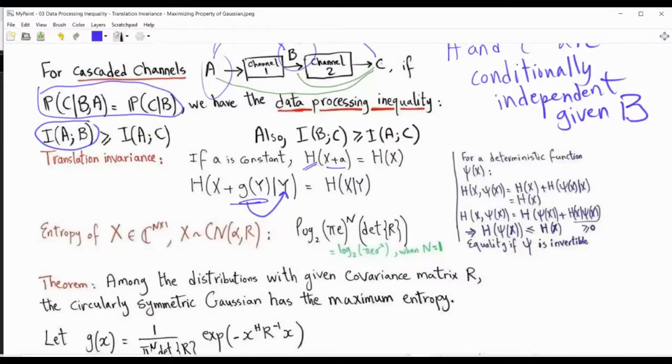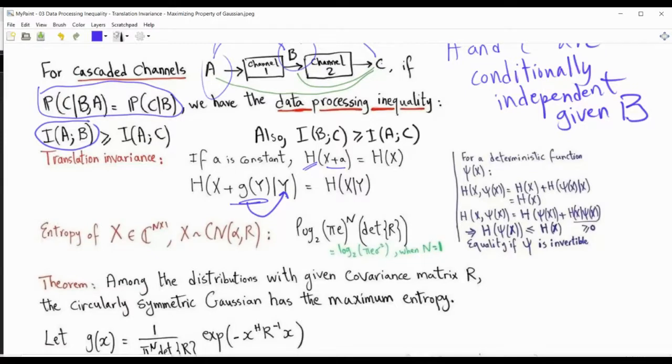I'm writing here big H, but again, we are not rigorous. You can replace big H by small h. So this is for any type of random variable, and this is very useful as you will see in the remaining part of the lecture. So translation invariance is this property that if you add a constant to your random variable, its entropy remains the same. And if you are talking about conditional entropy, if you add a function of the random variable you are conditioning on, then you have the same entropy.